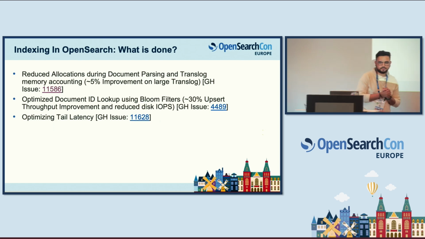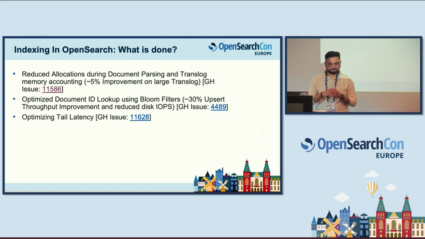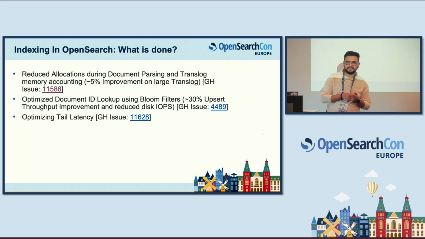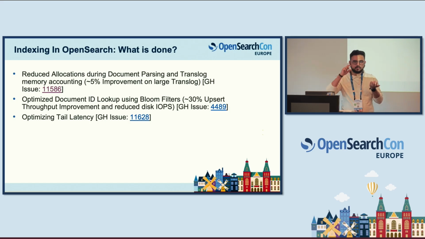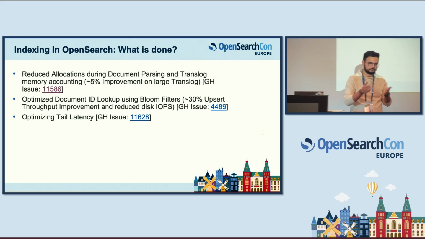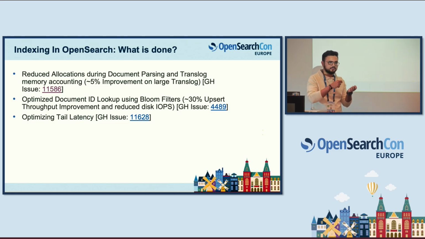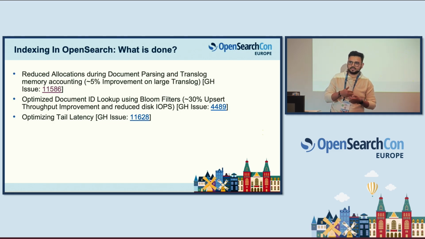Few other things that we did were around reduced allocations during document parsing and translog memory accounting. Whenever you do update operations, we tend to look into what was the last version of the document that was present, what were the fields that were present in the document. And as part of that flow, we analyzed there were few unoptimized checks that were happening to account for memory so that we could apply memory controllers and all.